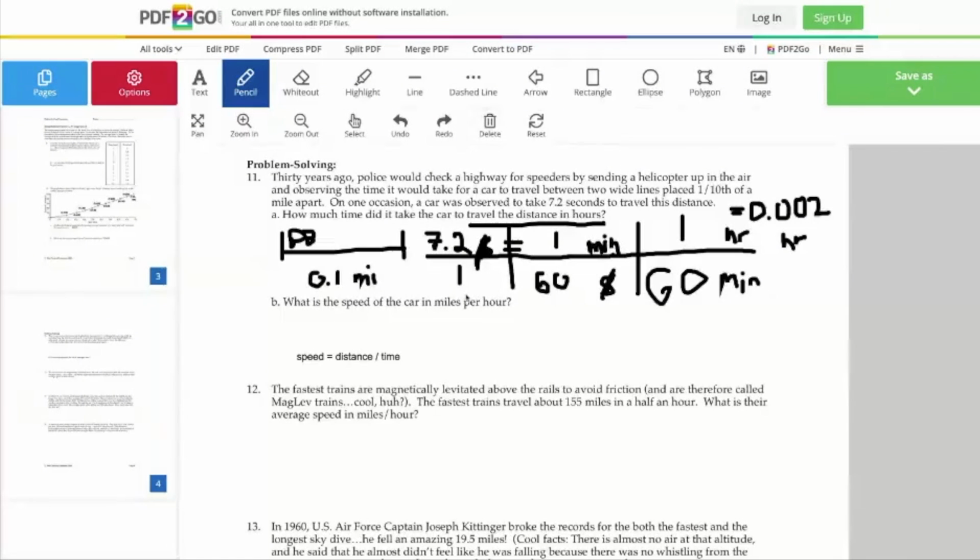You want to pay attention. Speed is distance over time, so you want to divide distance by time, not the other way around. Just be mindful of that. So it's going to be miles per hour, not hours per mile. So just flip-flop that fraction. It should be good.